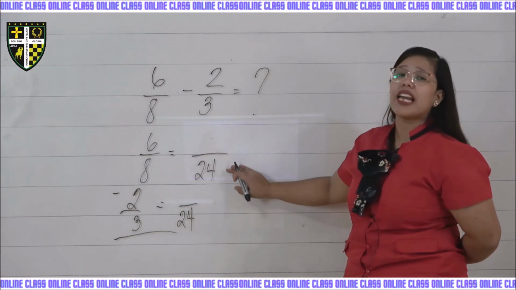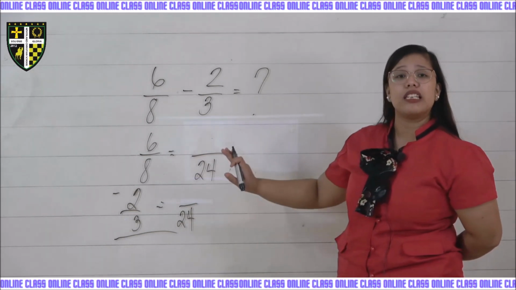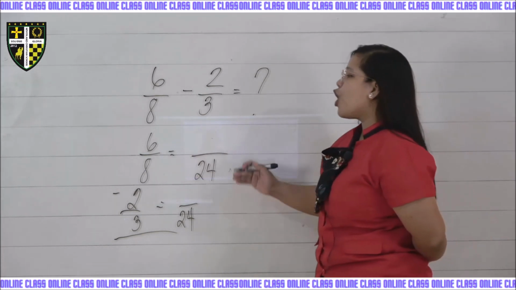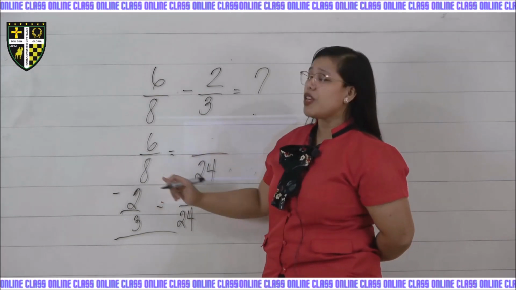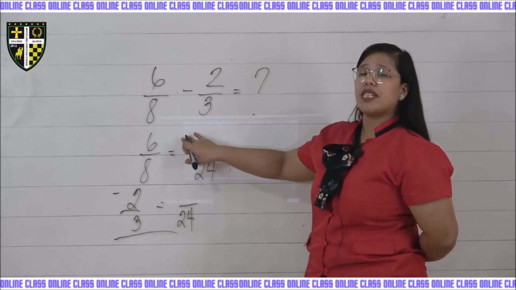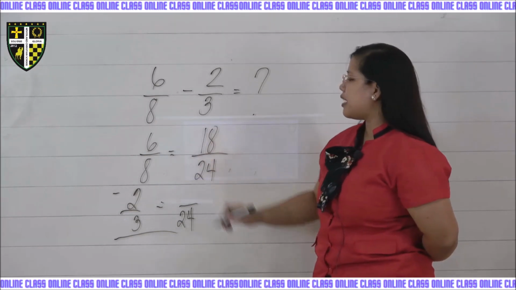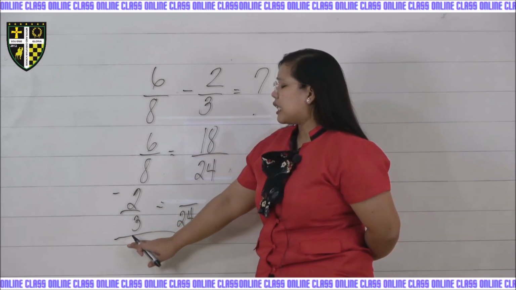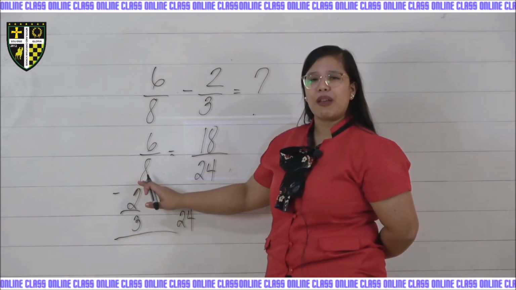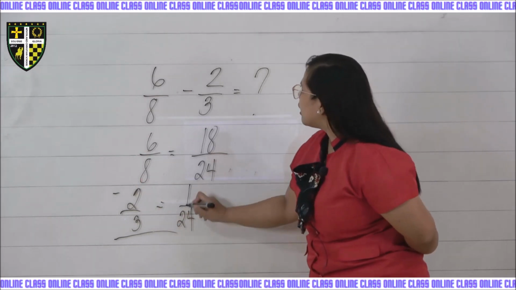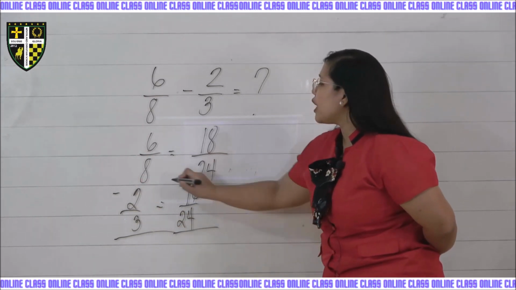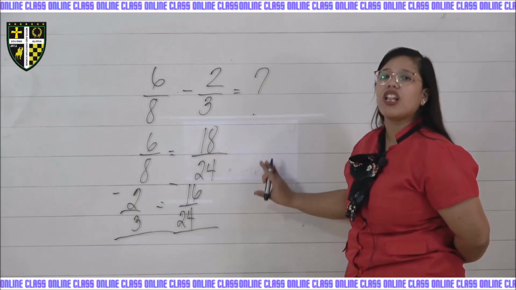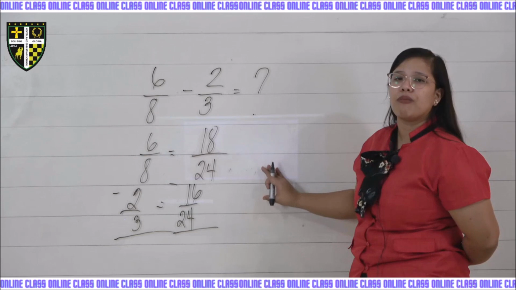Now we will divide this 24 by their denominator, and then we will multiply it by their numerator. So 24 divided by 8, we have 3, times 6 is 18. 24 divided by 3, we have 8, and multiply by 2, we have 16. So we can subtract them now because they are similar fractions. They have the same denominator.